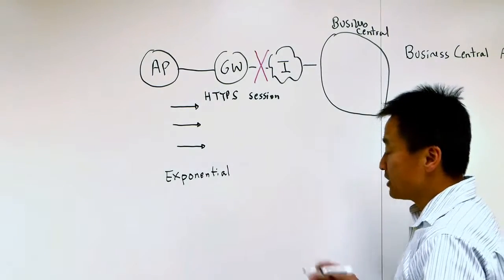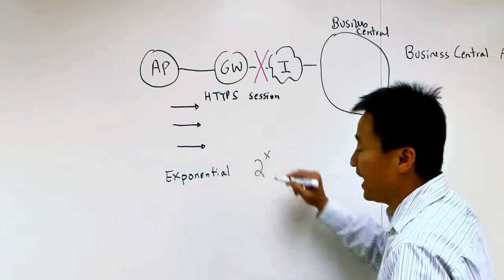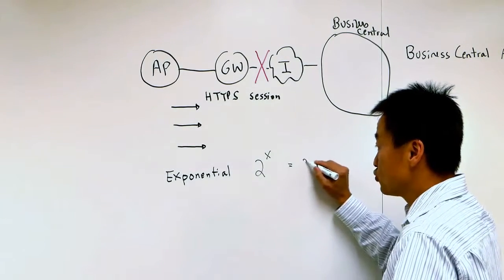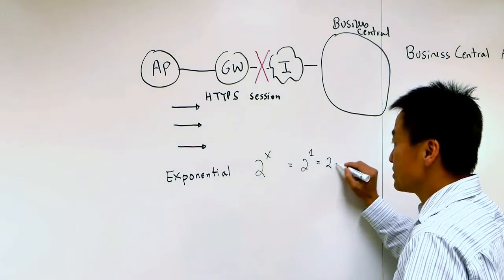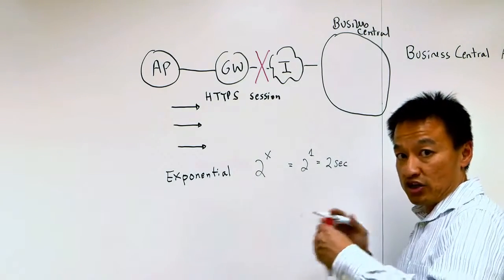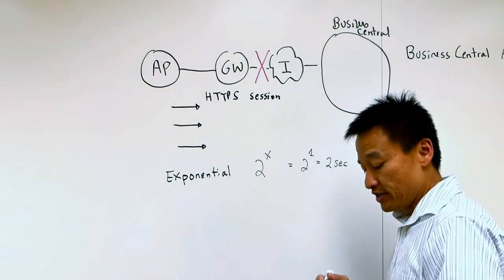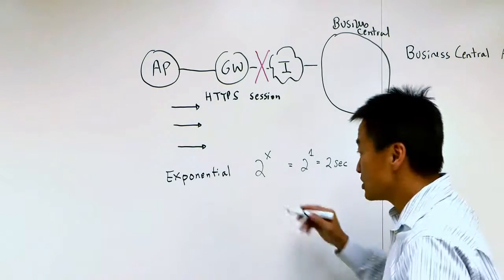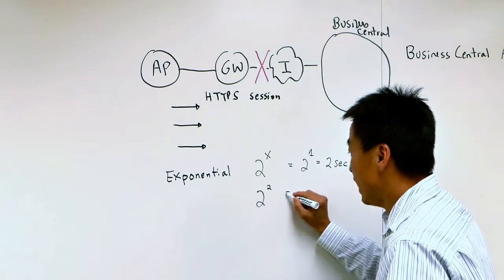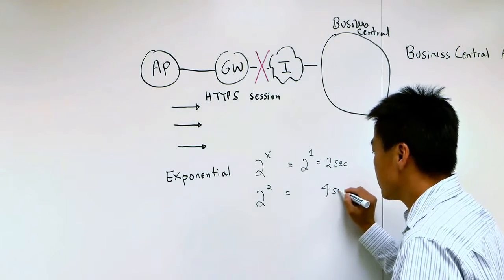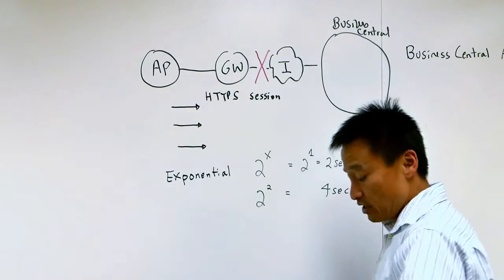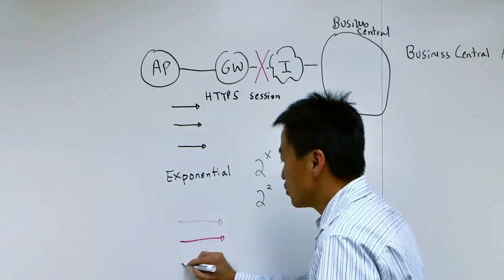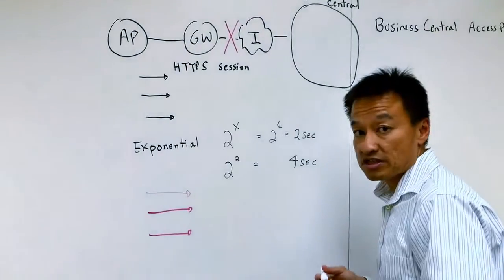The backoff mechanism we use is 2 to the x, where x is how many times it has tried. The first time is 2 to the first, 2 seconds, when I initially try these 3 requests. If I don't get connected, I increase x, so it goes 2 to the second, after 4 seconds I try 3 more times: 1, 2, 3, to communicate with Business Central.